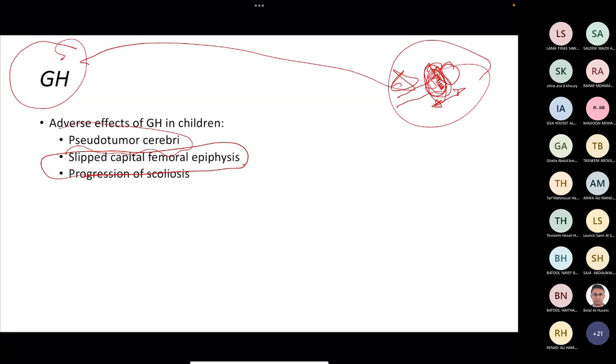Also, if the growth is in excess, not going side by side with the increased weight of the child and the ability of the spinal column to tolerate this increase in weight, this can lead to curvature. We have something called scoliosis, which could lead to side bending of the spine. Okay, and also edema and hyperglycemia.